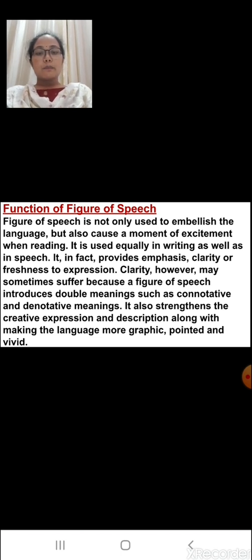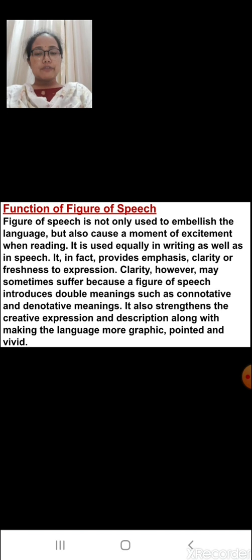Clarity, however, may sometimes suffer because of connotative and denotative meanings. It also strengthens the creative expression and description along with making the language more graphic, pointed, and vivid.